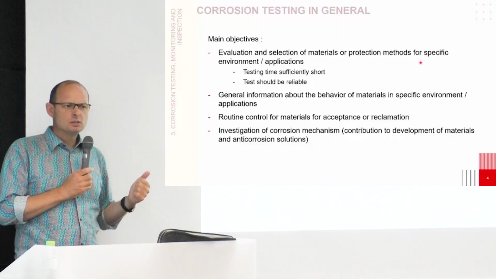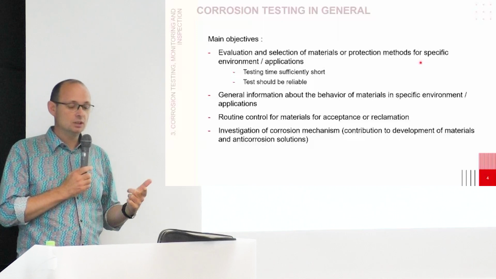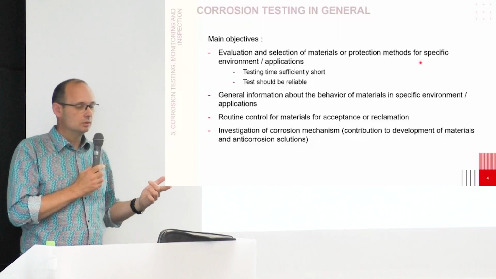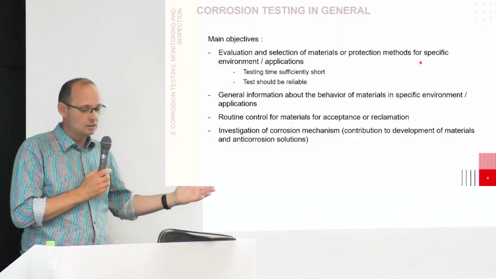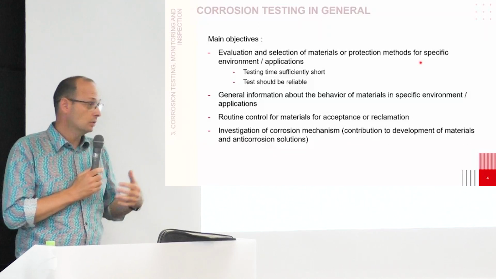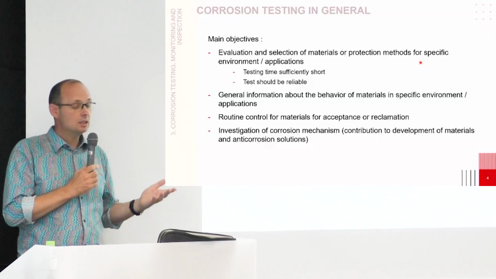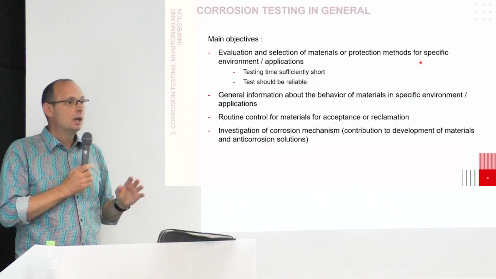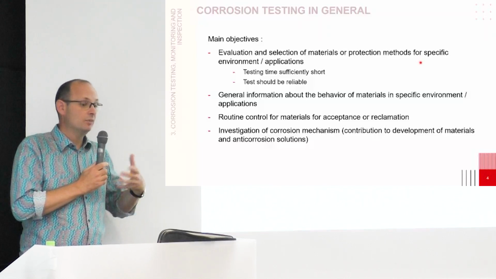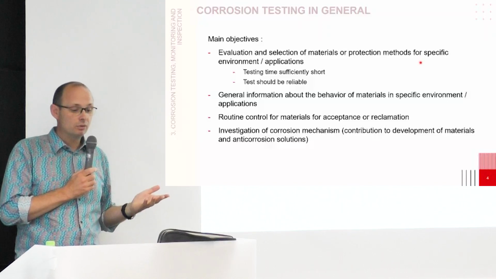Is the testing time that I'm applying at lab scale sufficiently representative of what will happen? Sometimes the time is long to get some corroded pieces, I cannot wait in the lab, so I have to shorten this. And is the test that I'm applying really reliable? I mean, sometimes we are simplifying the environment, we are simplifying things, and are they still connected to the real life of the material?